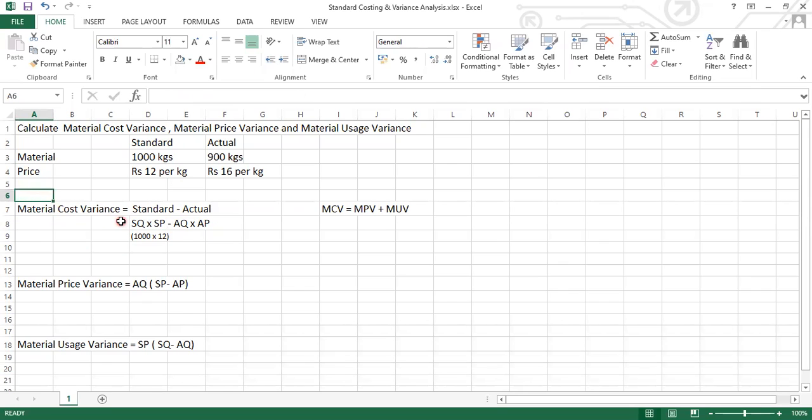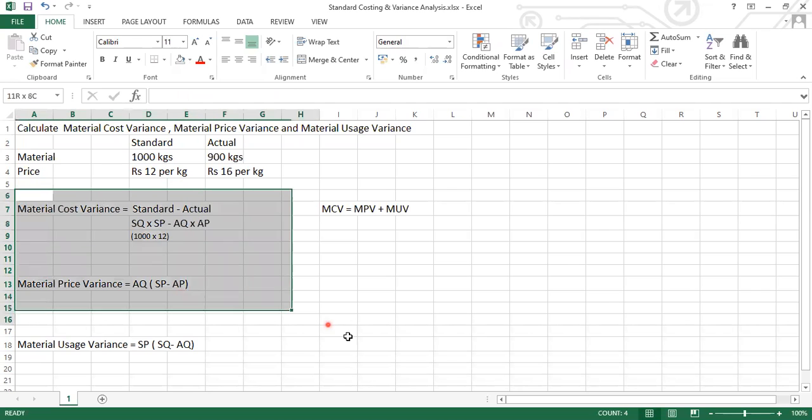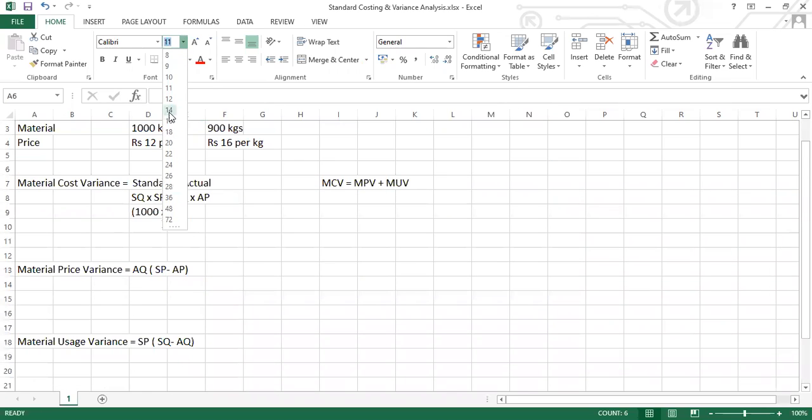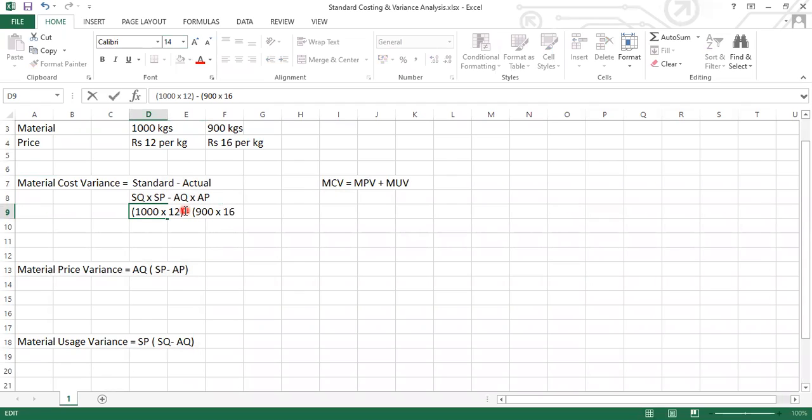Same way, we have to do it for the actual quantity. Actual quantity is how much? 900 kgs into actual price. What is the actual price? 16 rupees. Solve this. 1000 into 12, 12,000, minus 900 into 16.